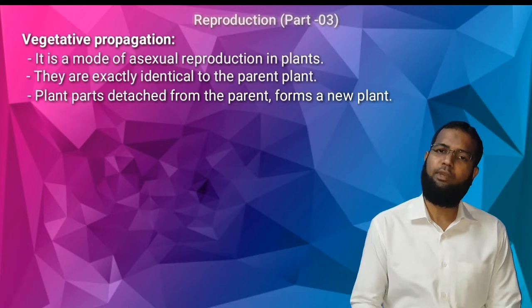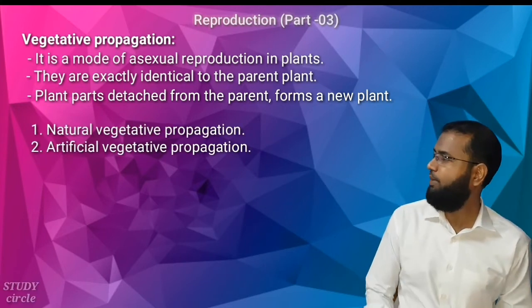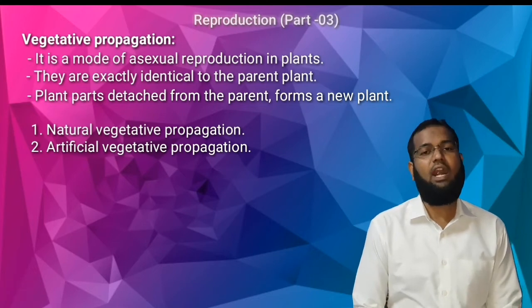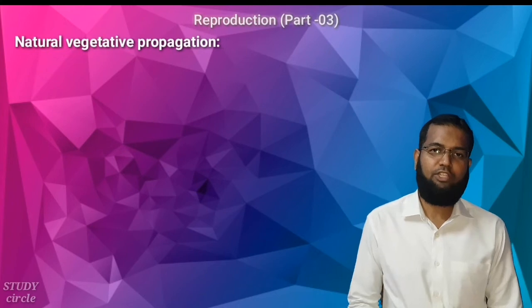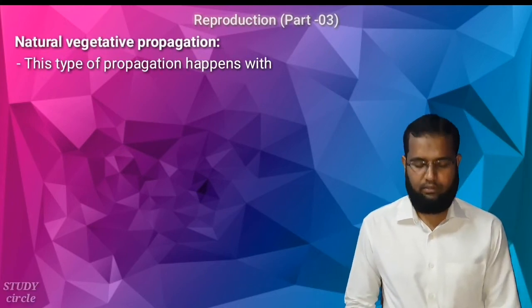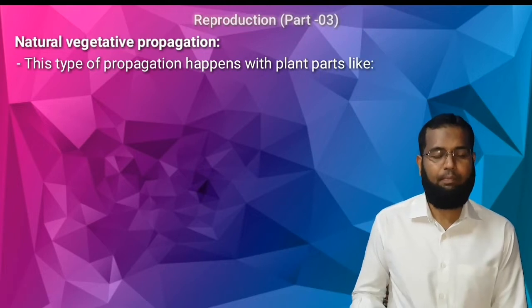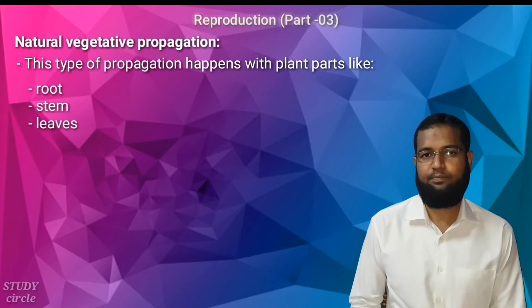This vegetative propagation is of two types. One is natural vegetative propagation and the second one is artificial vegetative propagation. Natural vegetative propagation happens with plant parts like root, stem and leaves.